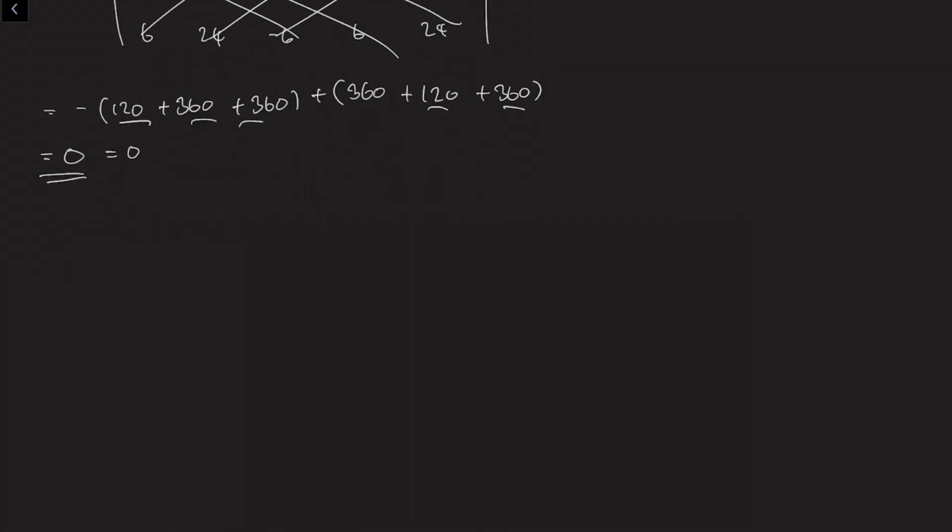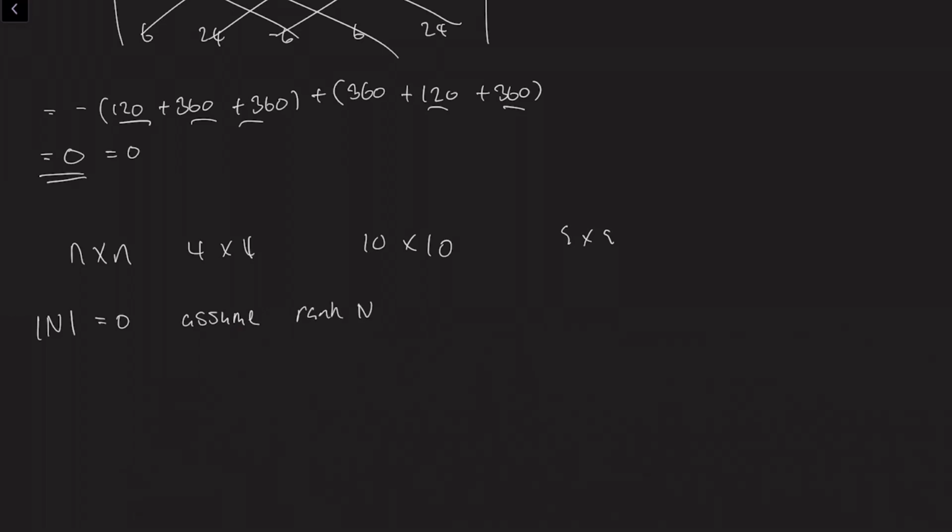So n is like your n by n matrix. So n by n could stand for 4 by 4, 10 by 10, 9 by 9, and if you have the determinant of n equal to 0, then assume the rank of n is equal to n minus 1, right?